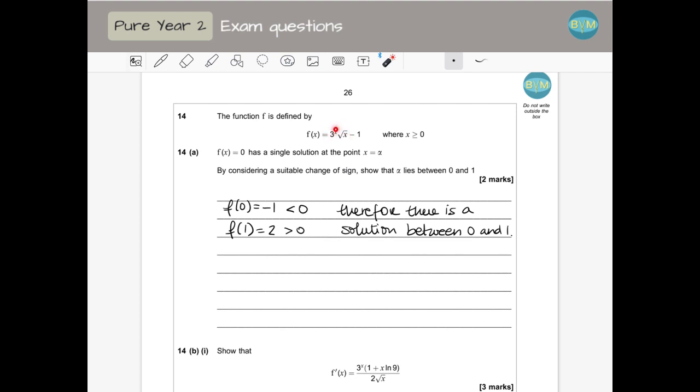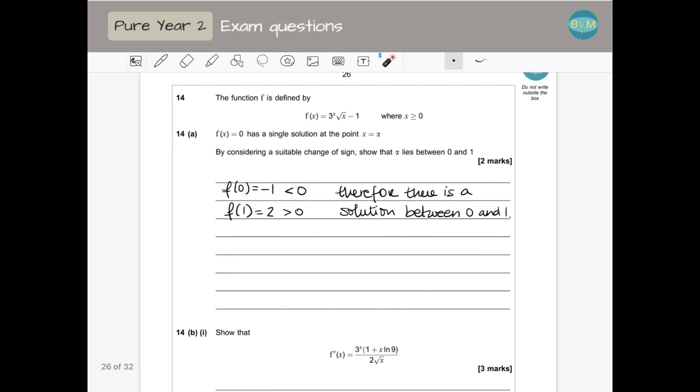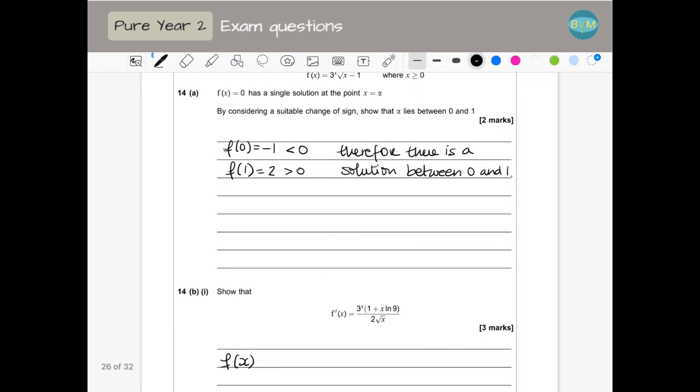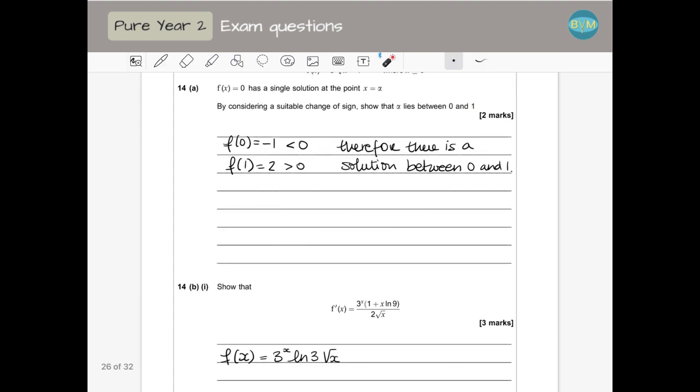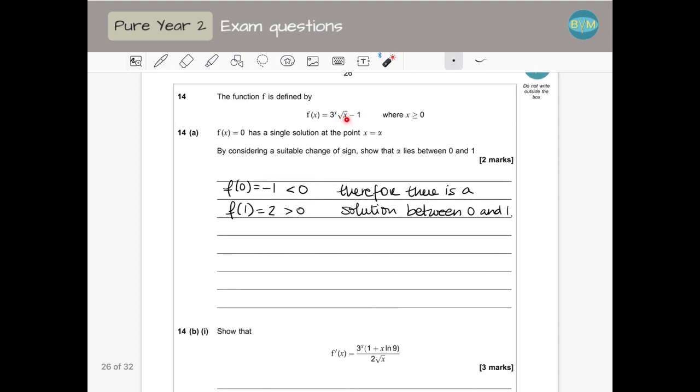I'm going to differentiate this, multiply by this, and then differentiate this, multiply by this.